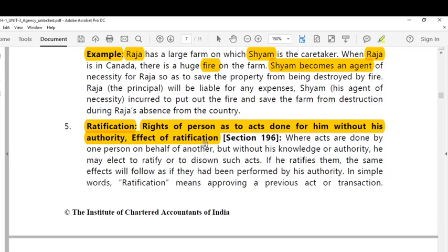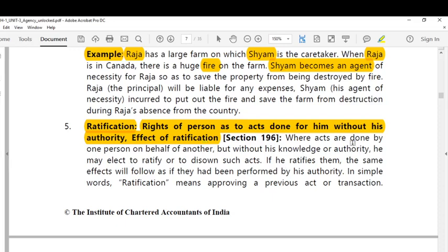Later on, the principal ratifies the actions. So as and when he ratifies, he gives his post-fact approval to the actions done, then automatically all such actions which were done without a principal-agent relationship will get the status of an agency as and when those actions are ratified at a later date by the principal.